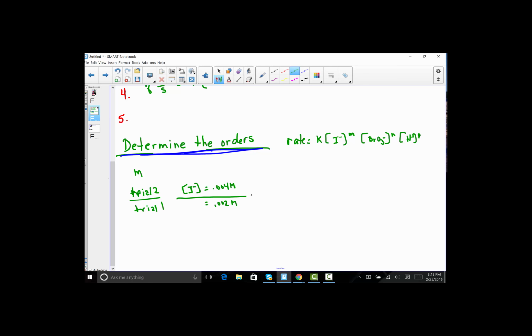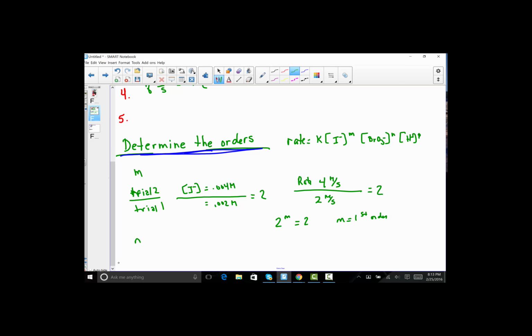If I simplify that, 4 over 2, we doubled the concentration. Well, what happened to the rate? In trial 2, which is what we're comparing, the rate was 4 molarity per second, and in trial 1 it was 2 molarity per second, which is a factor of 2. 2 raised to the m power is 2. m, we can see, is first order.